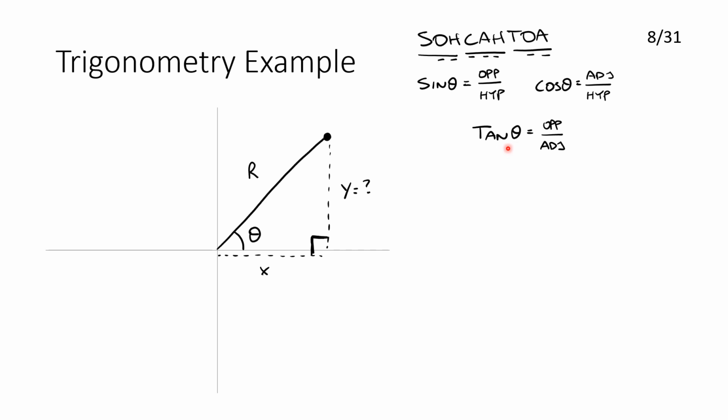So in my example, I said we have theta and we have the adjacent side. So we could use tangent, or we can use this sine equation because we have theta and we have the hypotenuse. So for the example, I'm going to use this sine equation. So I'll write it out again in full. So sine theta equals the opposite side over the hypotenuse.